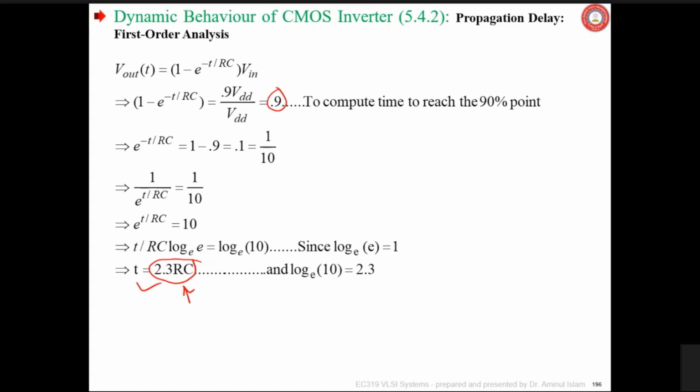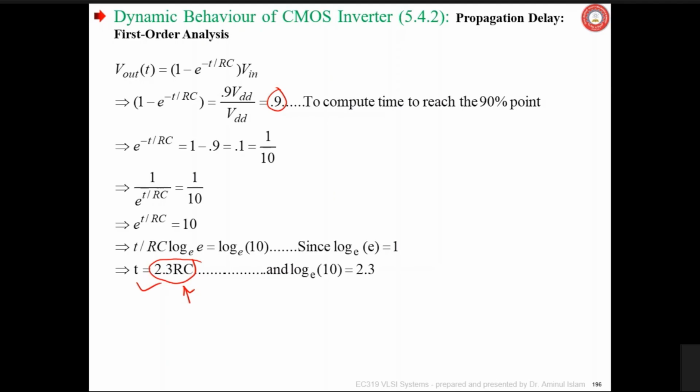Till it is rising to 90%, we cannot say that our output is high. Or till it is falling to 10%, we cannot say that our output is low. So how much time is required to raise our output to 90%? Then we are sure, yes, our output has gone high.